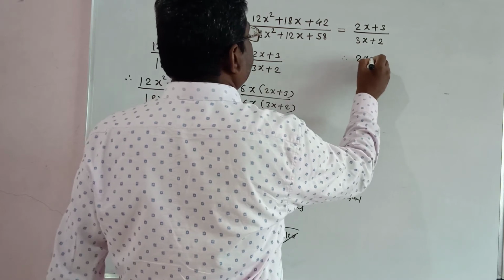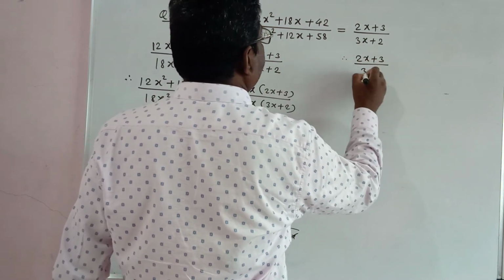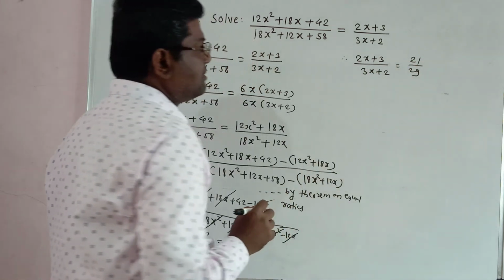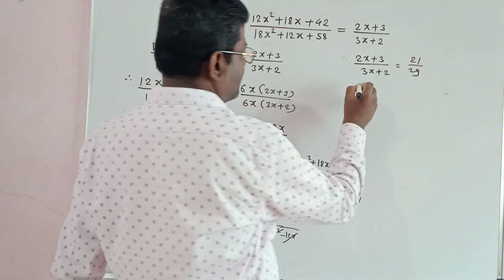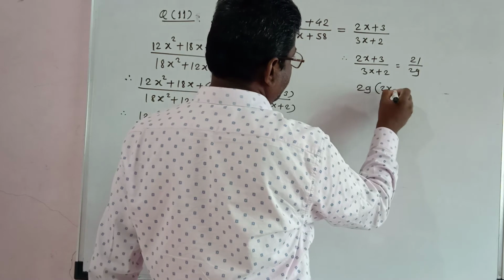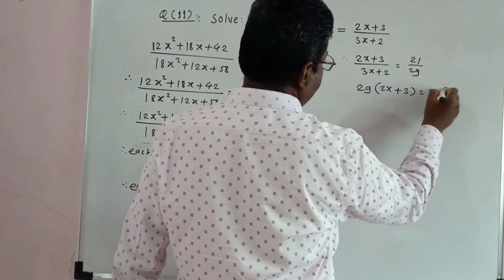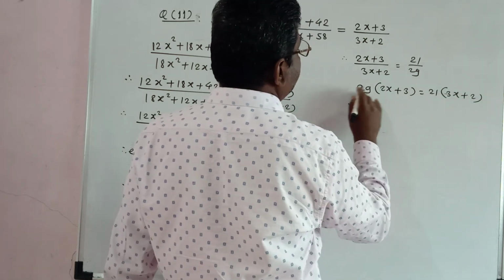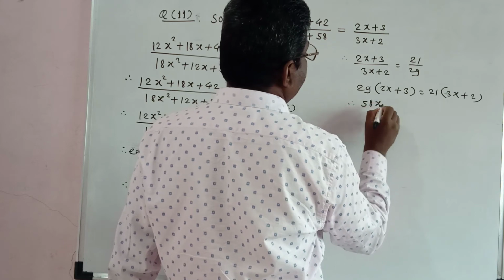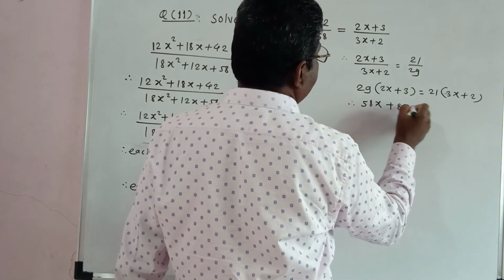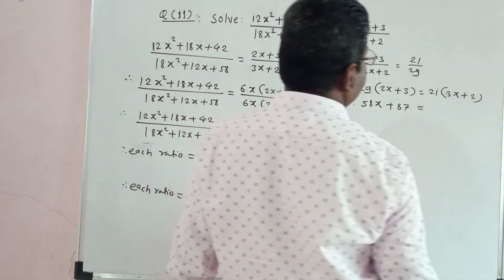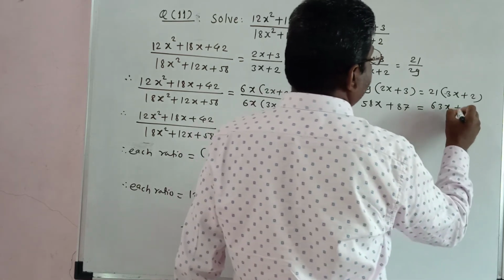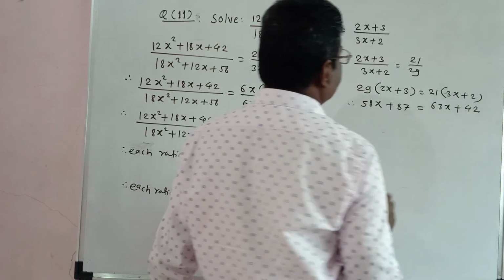Therefore, this ratio (2x + 3)/(3x + 2) is equal to 21/29. Now cross multiplication: 29(2x + 3) = 21(3x + 2). Therefore, 29 into 2 is 58x, plus 29 into 3 is 87, is equal to 21 into 3 is 63x, plus 21 into 2 is 42.